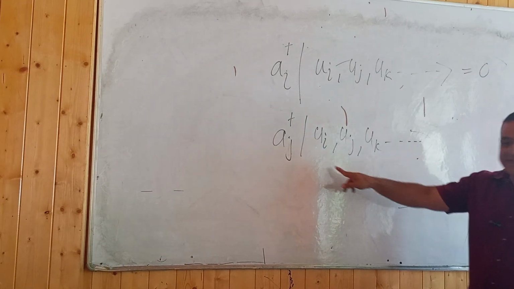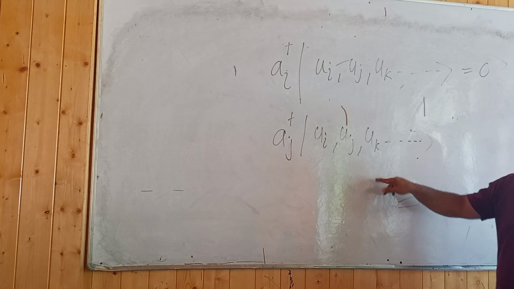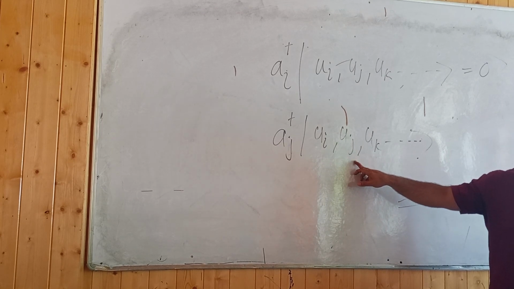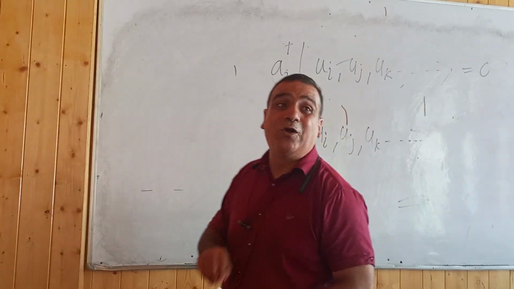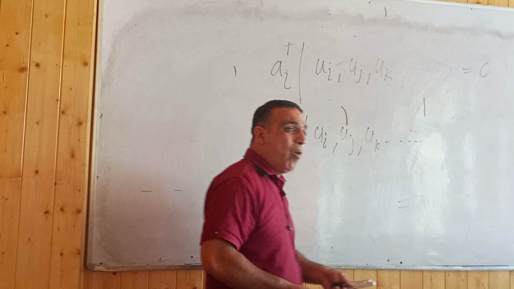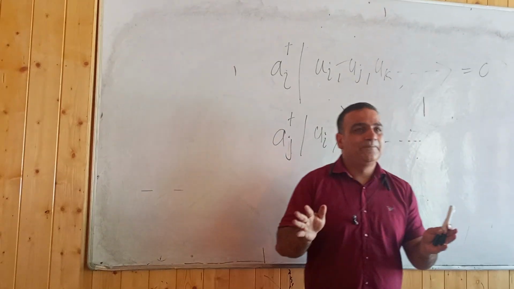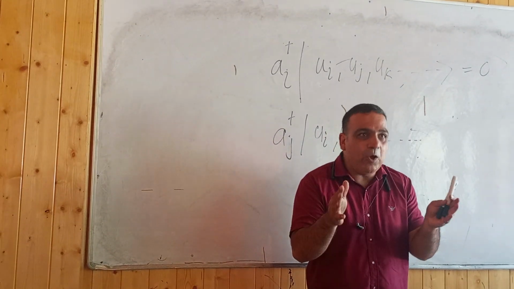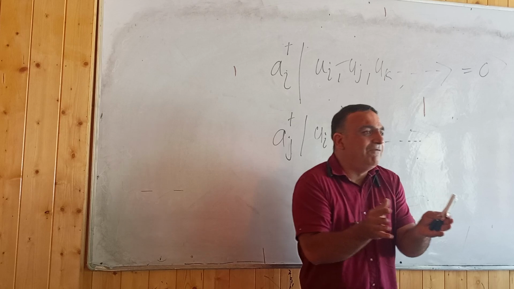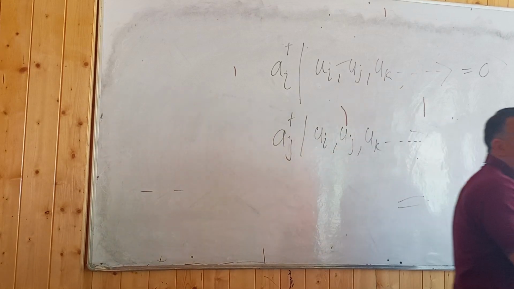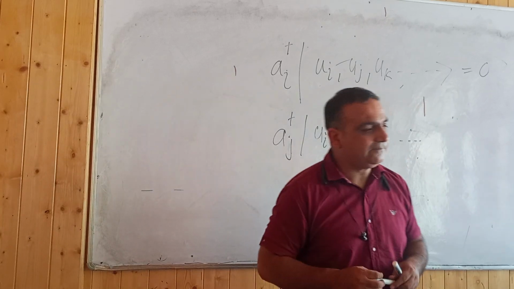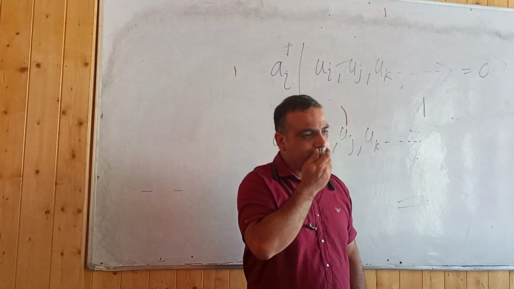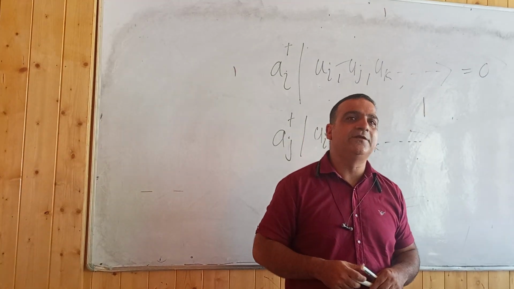So the same thing is happening here, because you have a UJ state, right? And you cannot add another particle in the same quantum state. This is how the fermionic Fock space, the fermionic system, differs from the bosonic system. Is this clear? Okay. Any queries? Any questions?